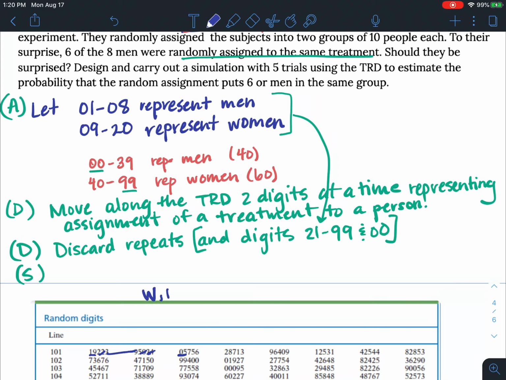The next person I got was a man. 13, the next person I got was a woman. You can continue on and on through this.